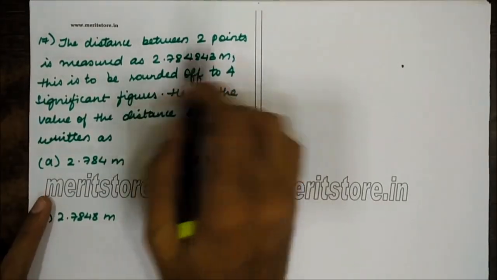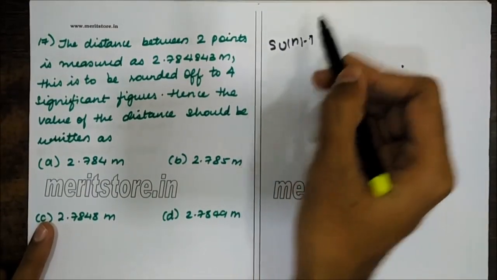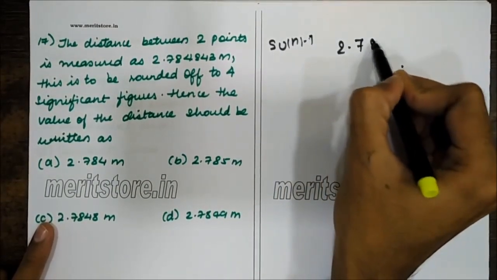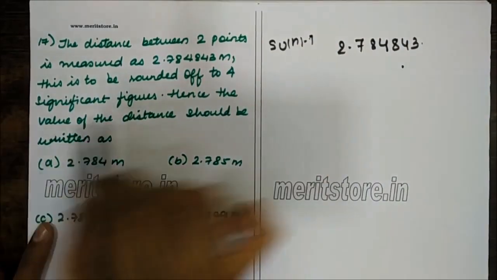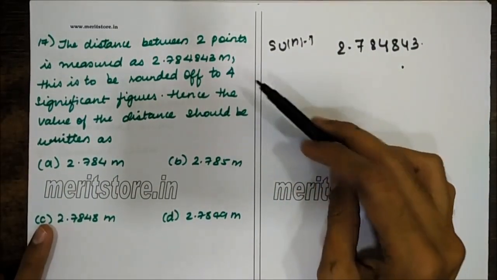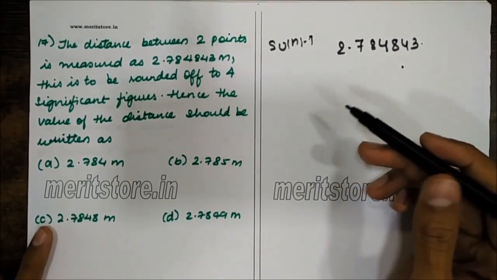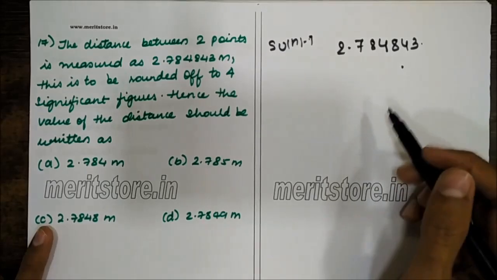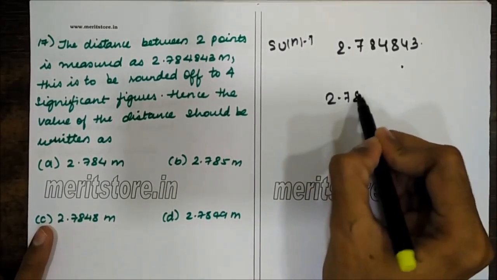Okay, the distance between the 2 points is measured as 2.784843. This is to be rounded off to 4 significant figures, hence the value of the distance should be given as, in the entire digit there are 4 significant figures, and hence the distance should be 2.784.